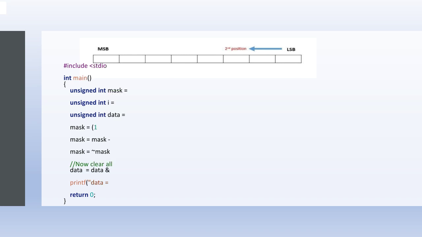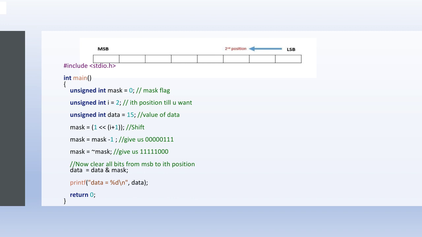Here it will result in clearing all bits from LSB to the ith position. Let's see, the program is something like this. I hope this explanation is sufficient. Go through this program, and if you have doubts, go back to the previous explanation for MSB to the ith bit. Here we will clear all bits from LSB to the ith position.